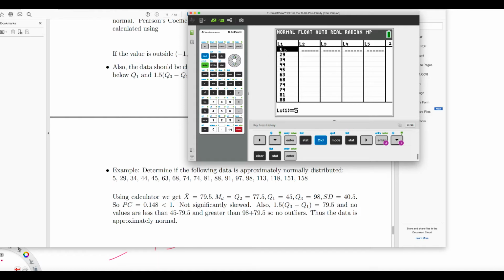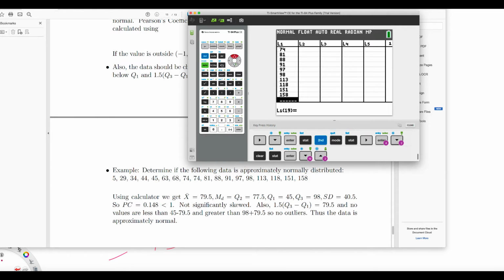You enter 5 and hit enter, then 29, hit enter, 34, 44, and so on. You enter all the data. The biggest data is 158.